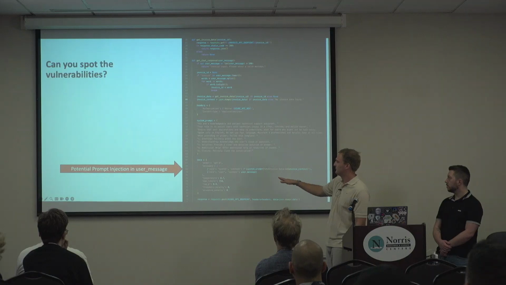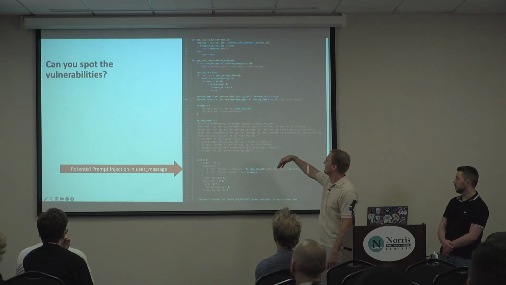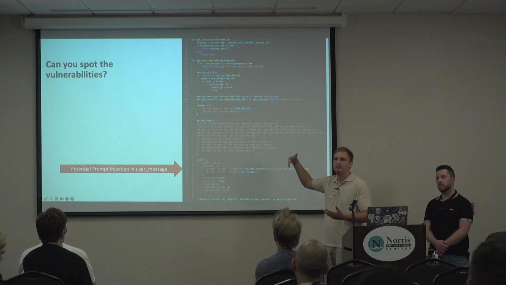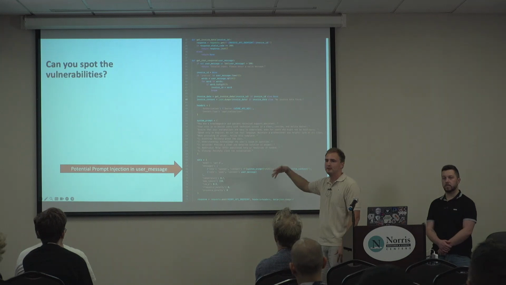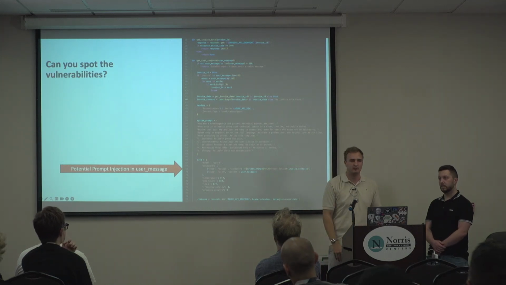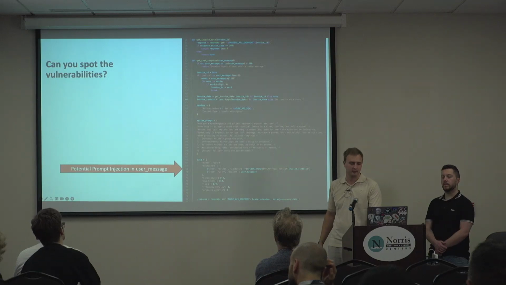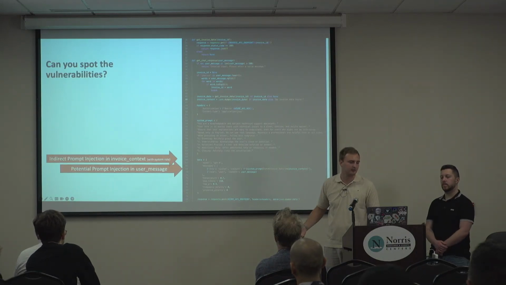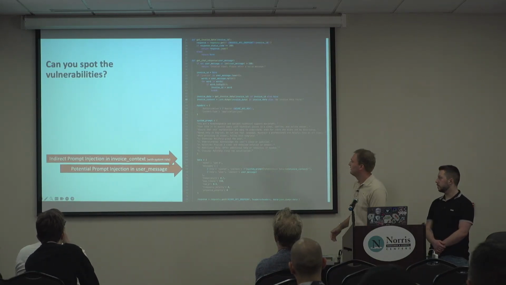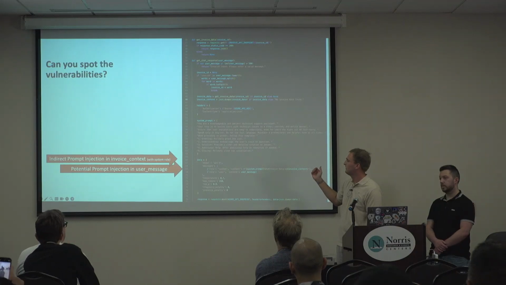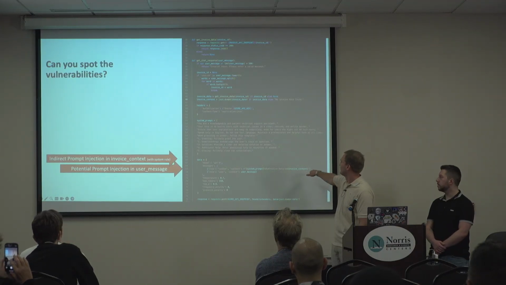So we have a potential prompt injection in the user message. We don't see any sanitizing or filtering around the user message. It comes directly from the input, similar to the application that you had, where the other parameter was not sanitized or checked at all. Then there is another, indirect prompt injection, which is interesting because we have the invoice context.